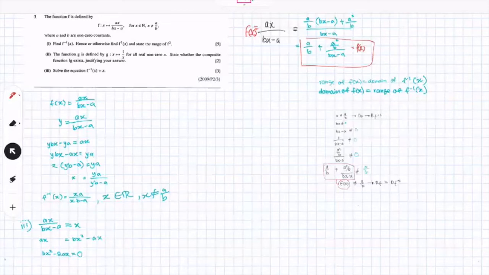How do I go from here? X(AX minus 2A), so X equals to 0. X equals to... So the answer is this. Yeah, correct. Yay.